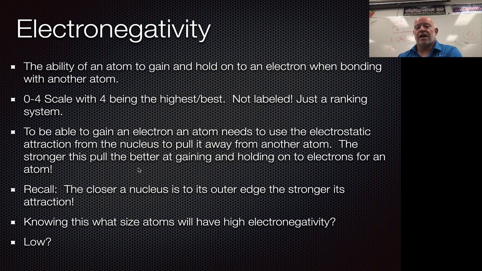Every atom has a nucleus, and every atom has a certain amount of attraction for its electrons to hold on to them. But when two collide, it's possible that one of the atoms has a stronger nucleus, so that electrostatic force is stronger and it can strip electrons away from the other atom. How do you know which one is going to win?